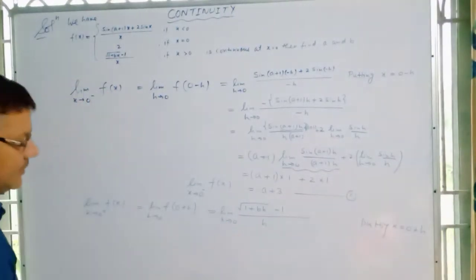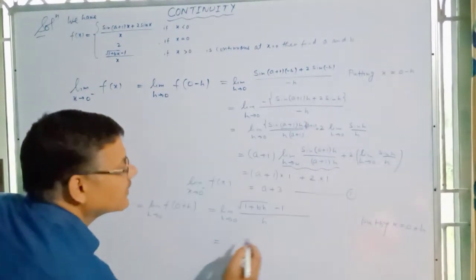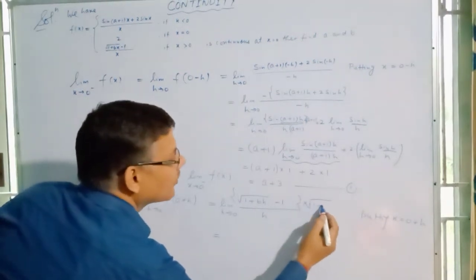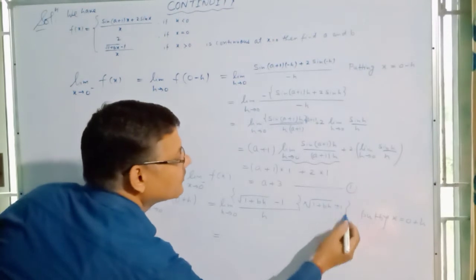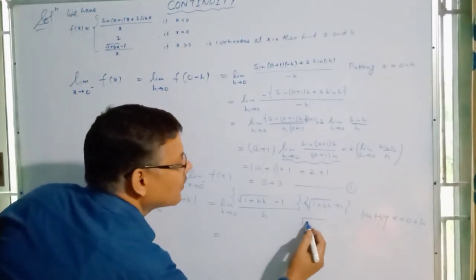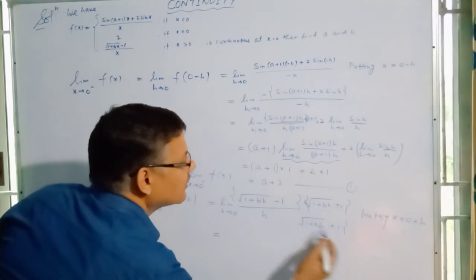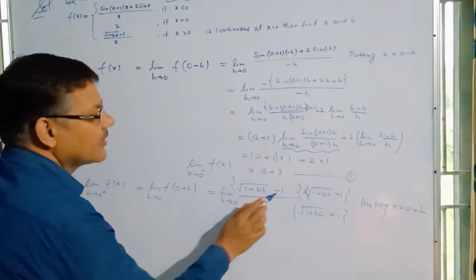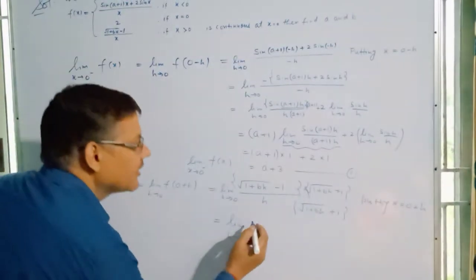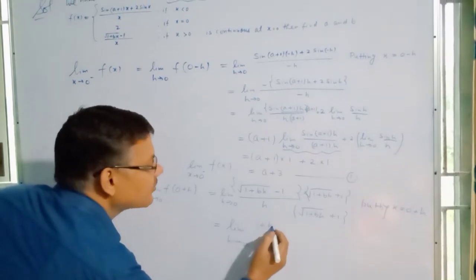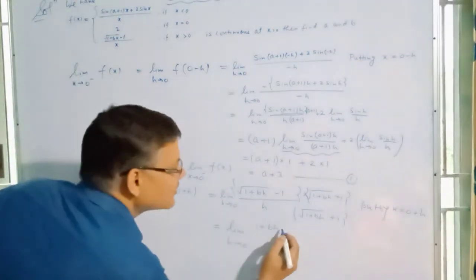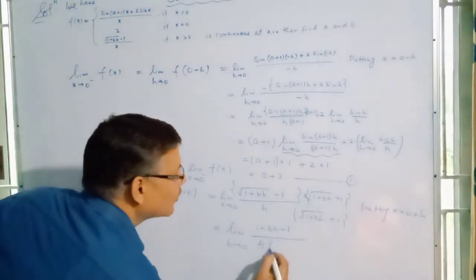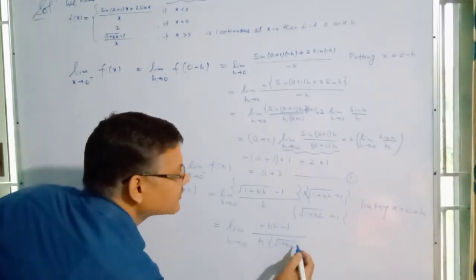So in that case, we are required to rationalize it, multiplying by √(1+bh) + 1 in numerator and denominator. Now the limit as h tends to 0, (a − b)(a + b) gives a squared minus b squared. A squared is 1 plus bh, the square root is removed, minus b squared is minus 1, whole divided by h into (√(1+bh) + 1).